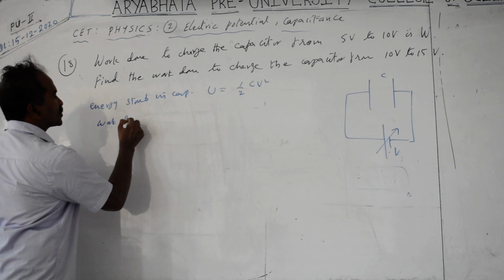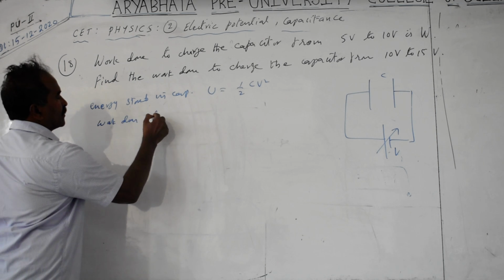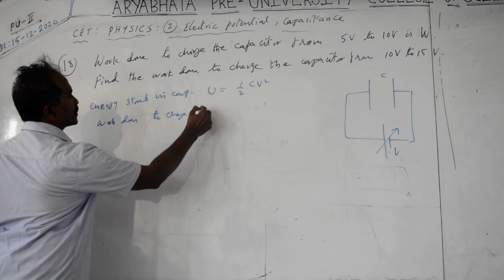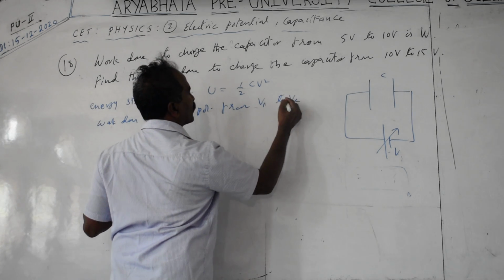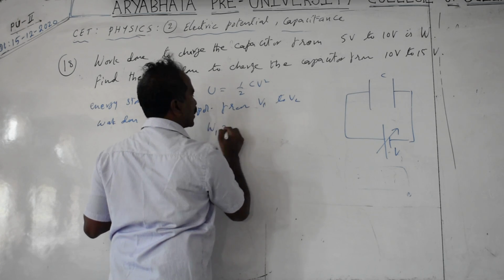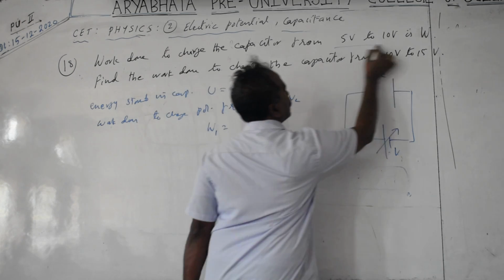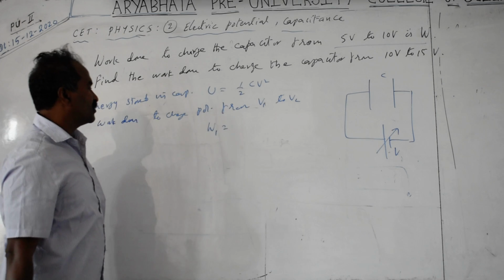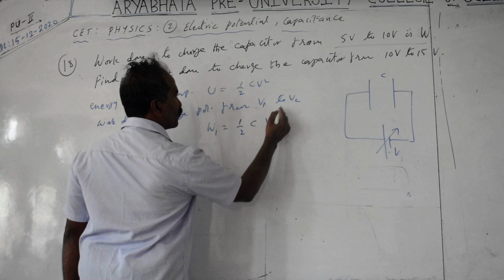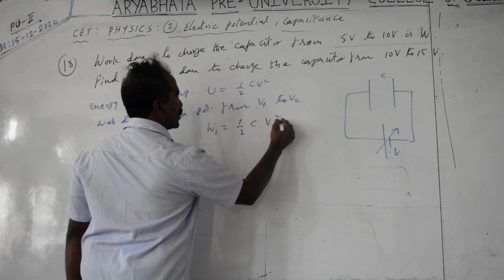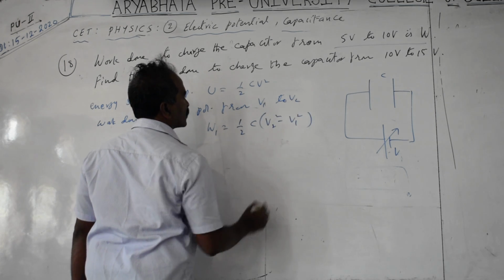The work done or energy stored to change the potential from V1 to V2 is taken as W1, equal to half into C into V2 square minus V1 square.